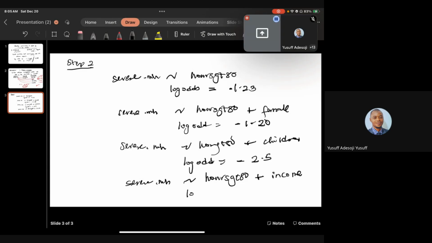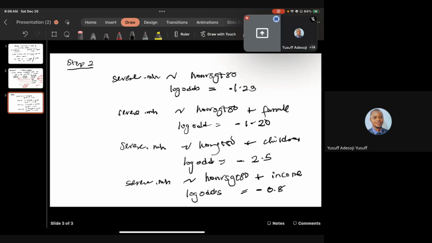Let's say the log odds here becomes minus 0.8. Now we have to make a decision and ask ourselves, which of these three should we keep in the model?